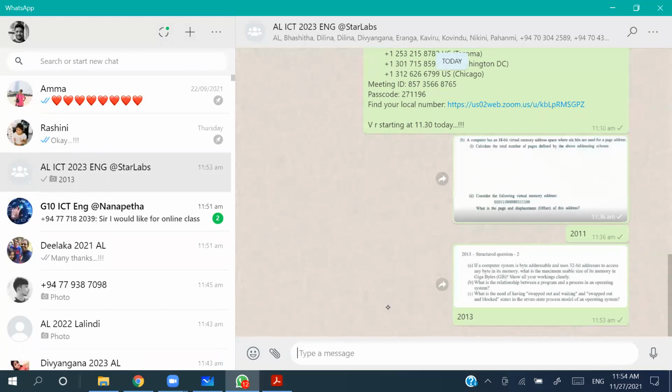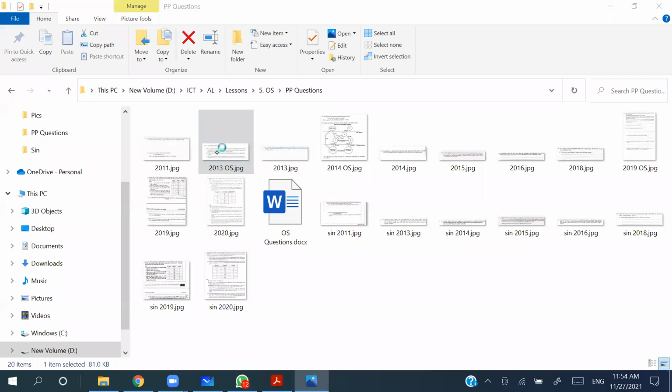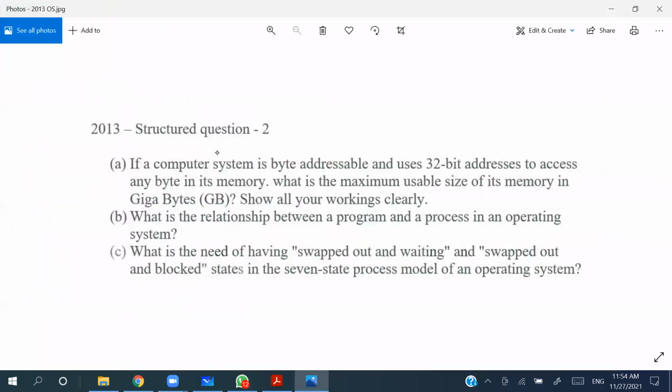It's the structured second question, right? It has a calculation as well as some theory parts from the operating system. And let me show you the question over here as well. So you can have all 15 minutes. It's 11:54 now. I'll start discussing by 12:10.